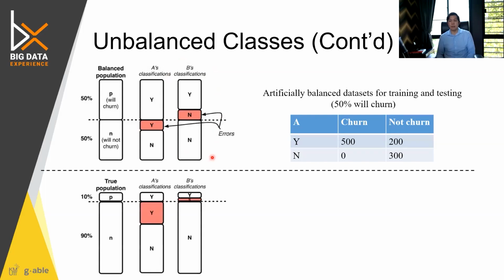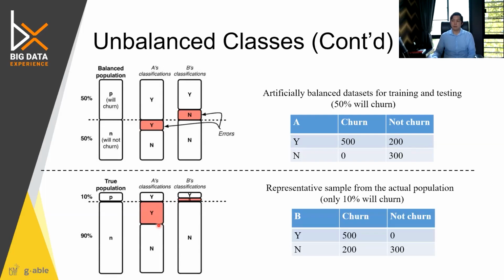Compared to the actual situation, in the actual situation the skewness would be a problem. That is, the true population may be like this, with only 10% of the positive class. That would mean that the one we saw here would be a lot smaller, while the one we saw here would be a lot larger. Okay, right?